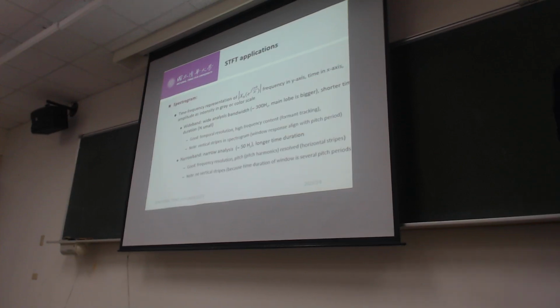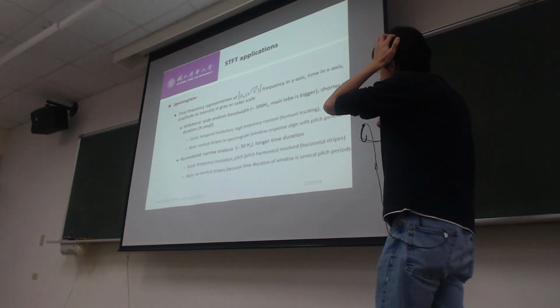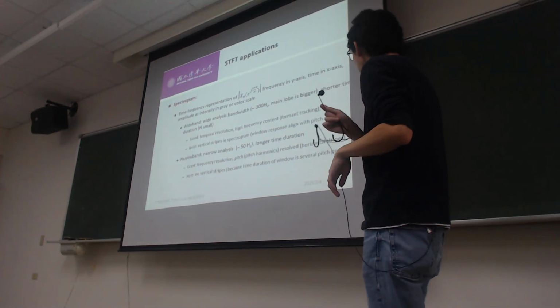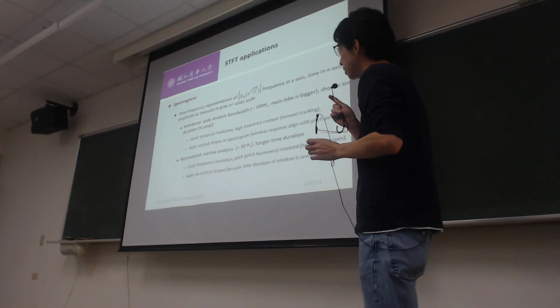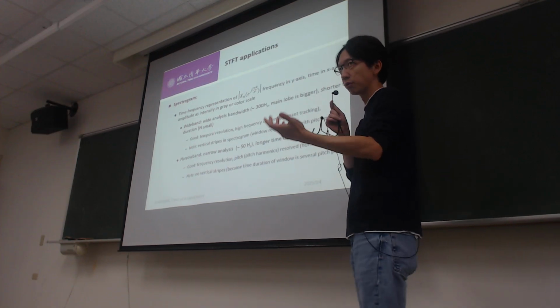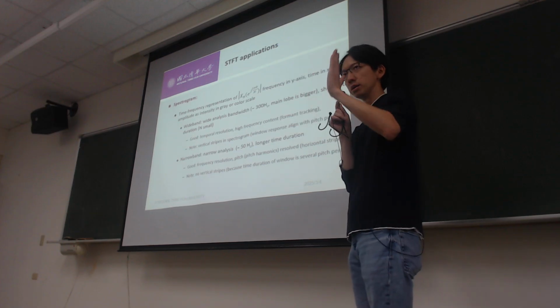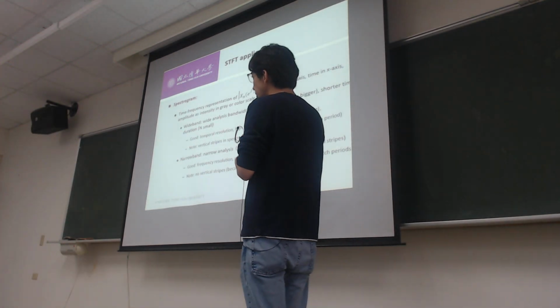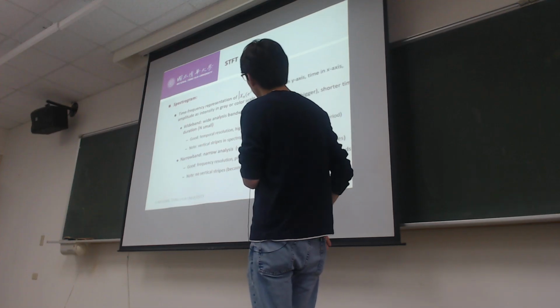Anyway, the standard way people apply the short-time Fourier transform is to come up with what we call a spectrogram. A spectrogram is just a time-frequency representation of your short-time Fourier transform, with time on the x-axis and frequency on the y-axis.